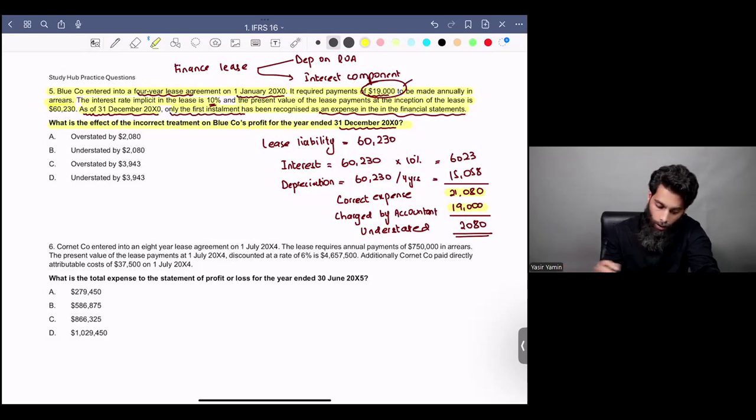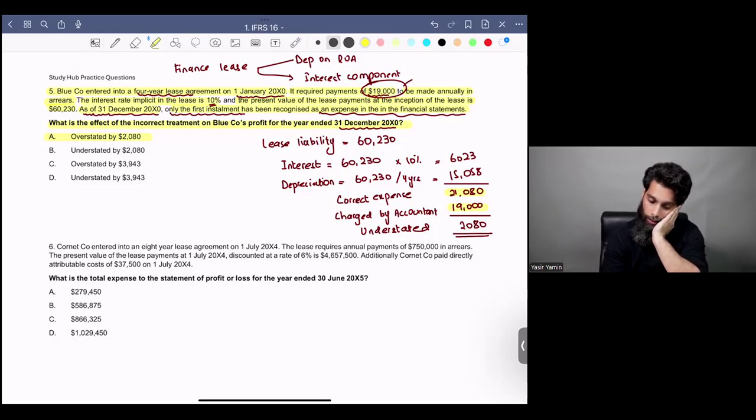Make sense? So the answer should be A. The impact on Blue's profit for the year would have been an overstatement of profit by 2080.